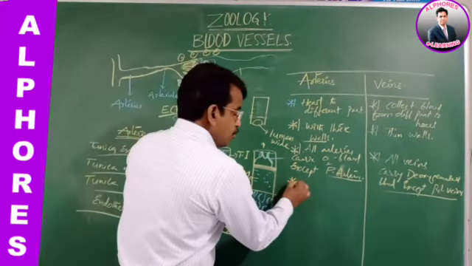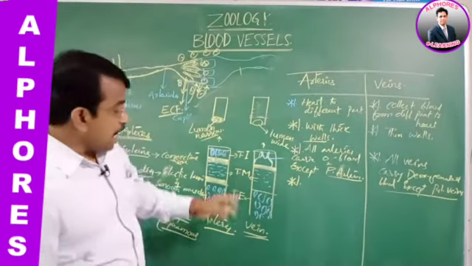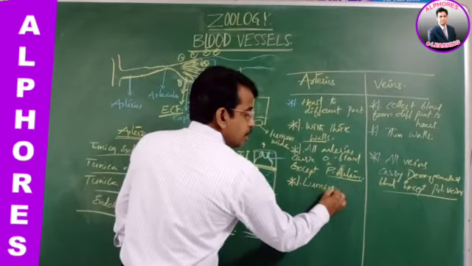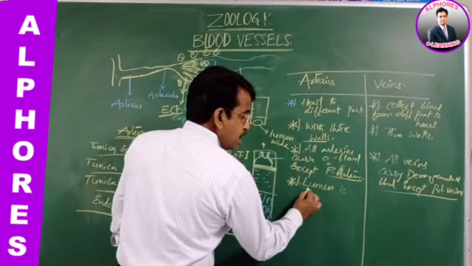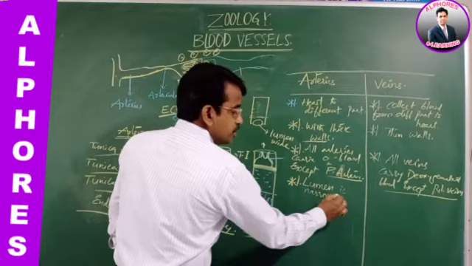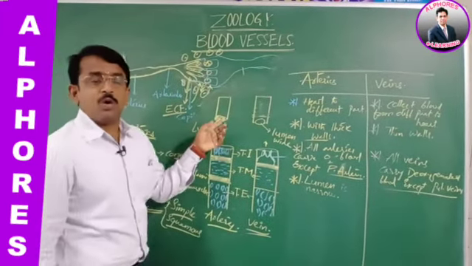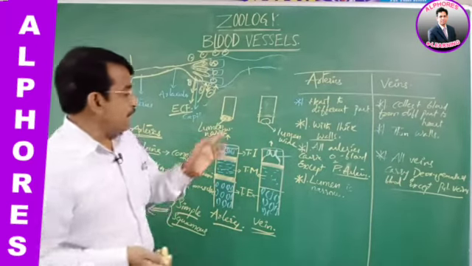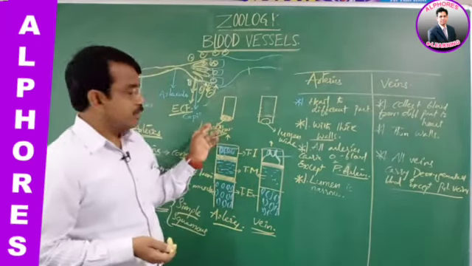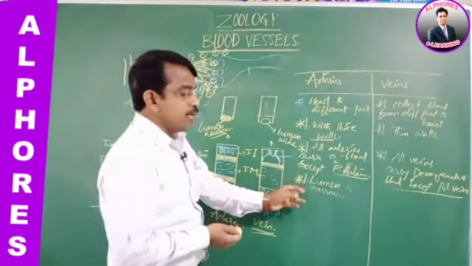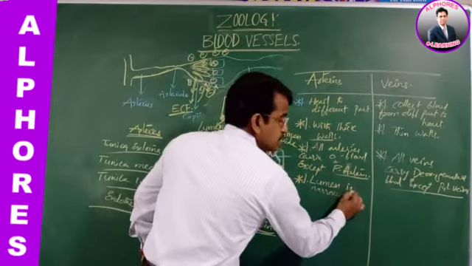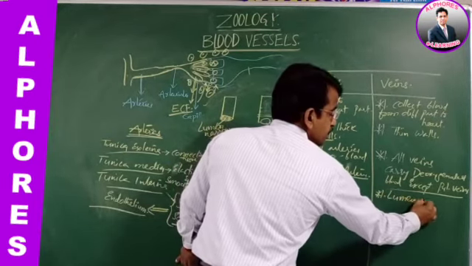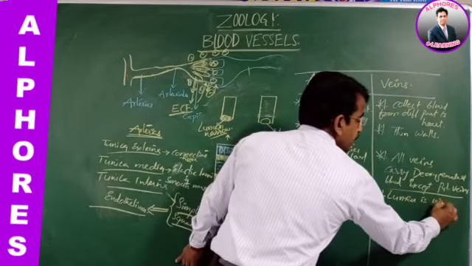Next, one more point to remember. The lumen of the artery is narrow. Look at here. Lumen means the cavity. The cavity of the artery is narrow, whereas the lumen of the vein is wide.